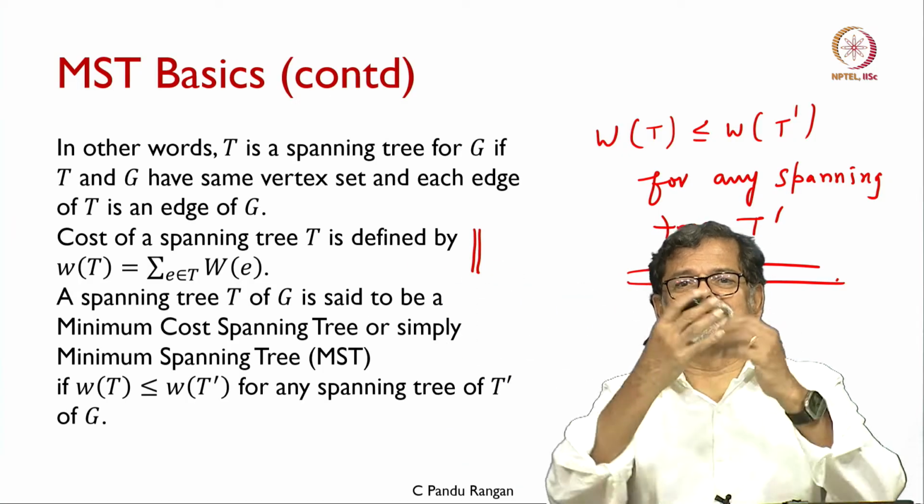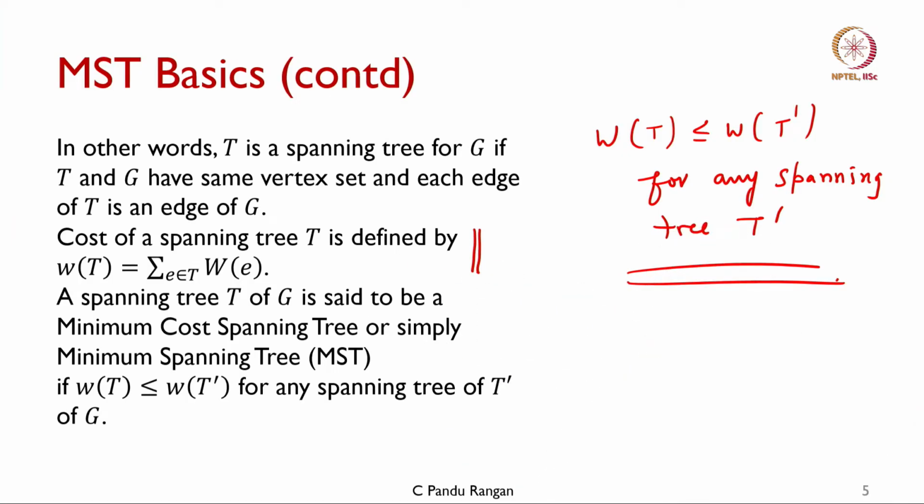That means the tree that we have is a minimum cost spanning tree or minimum spanning tree. Some books will use minimum cost spanning tree, most books use minimum spanning tree. We follow the terminology of minimum spanning tree.